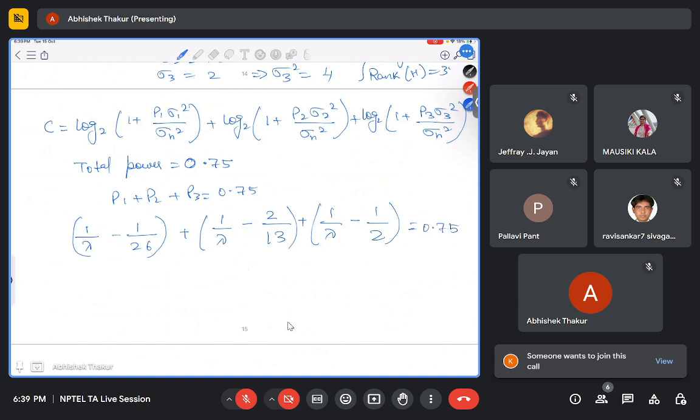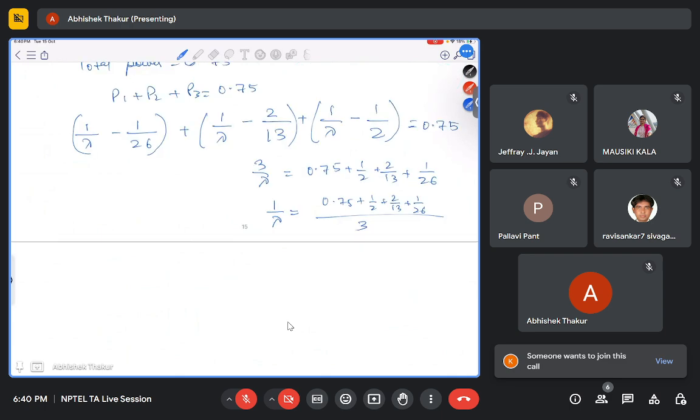So when we do this, it becomes 3 by lambda is equal to 0.75 plus 1 by 2 plus 2 by 13 plus 1 by 26. So 1 by lambda is equal to 0.75 plus 1 by 2 plus 2 by 13 plus 1 by 26, divided by 3. So 1 by lambda is equal to 0.48.